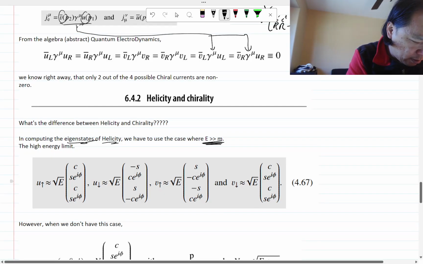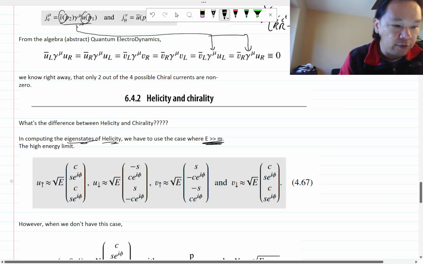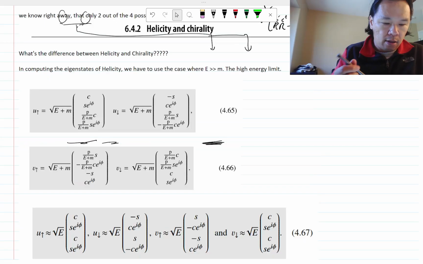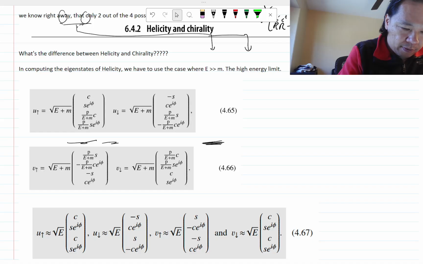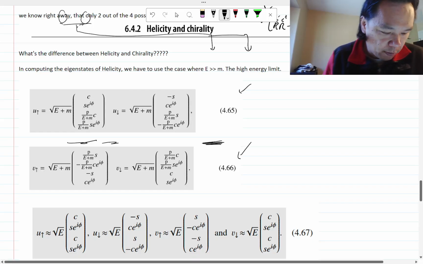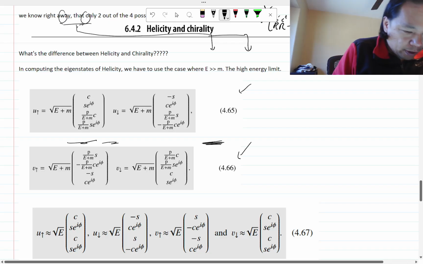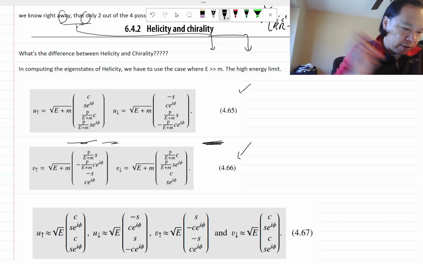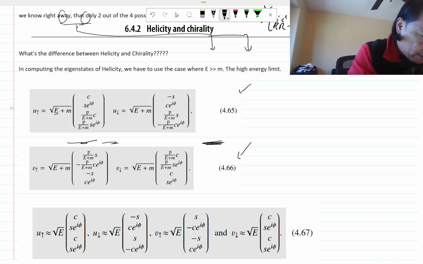This is where I should have written the other version. Let me grab that real quick. I just grabbed these from chapter 6, chapter 4 also. Remember when we're computing the eigenstates of these helicity operators, in general they have a square root of E plus M, and then you have this momentum part that changes.